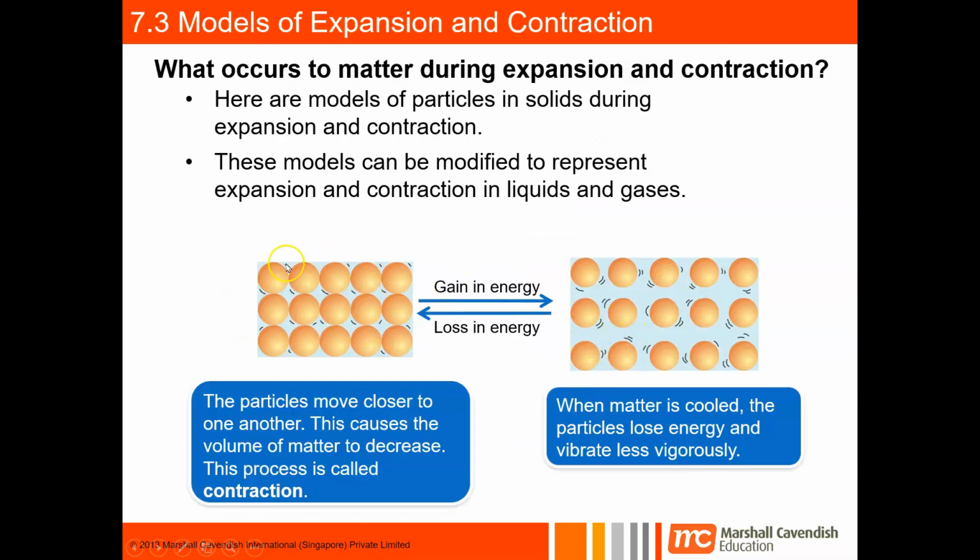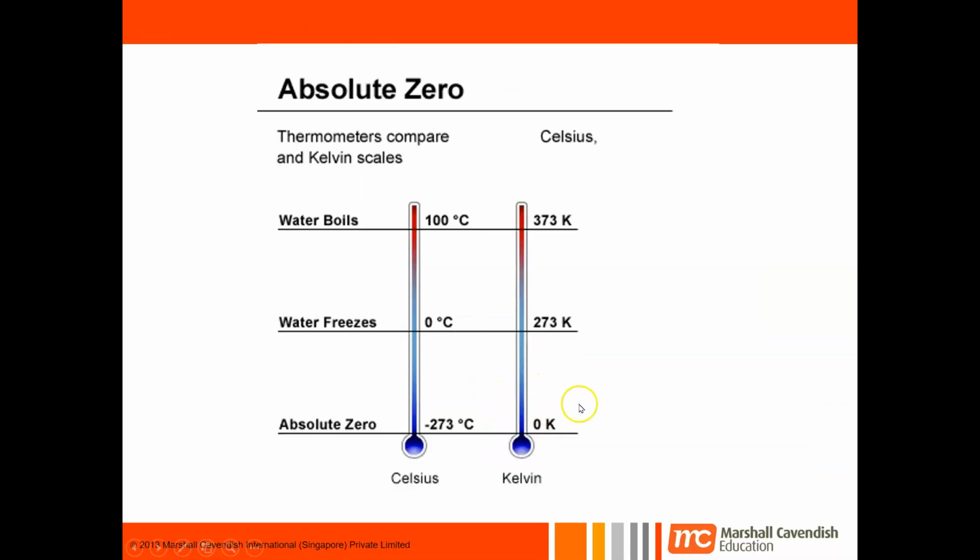So let's link it back to this one. Over here, when we see something expand, they are gaining energy and they are spreading out. But when heat is removed from the substance, it will lose energy and it will vibrate less frequently, because you have reduced the temperature.